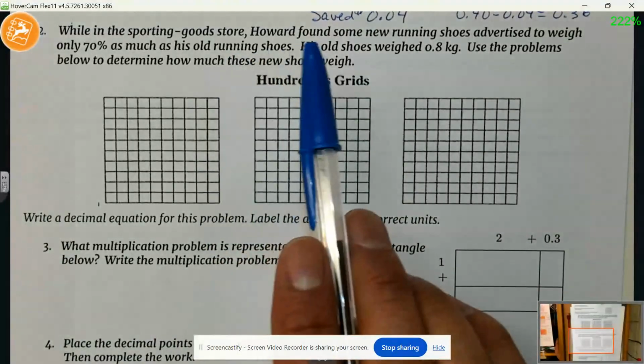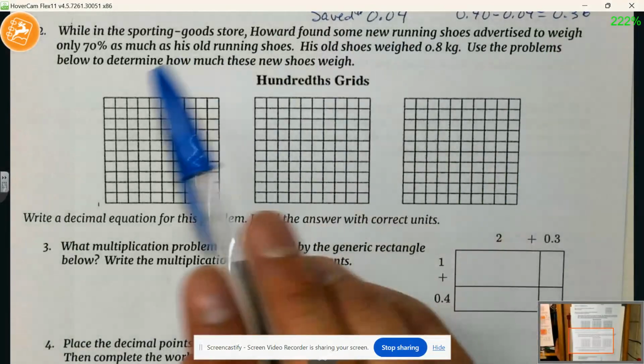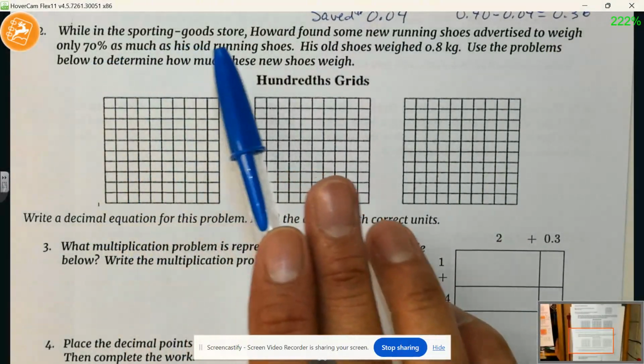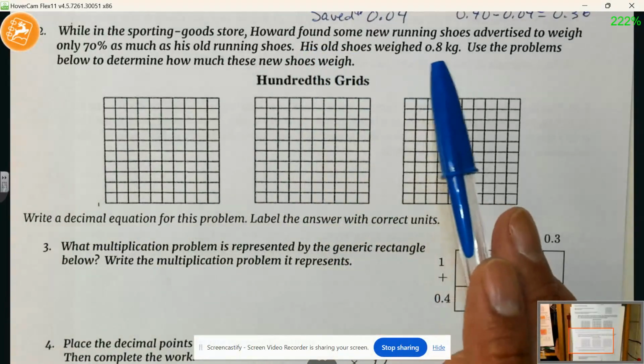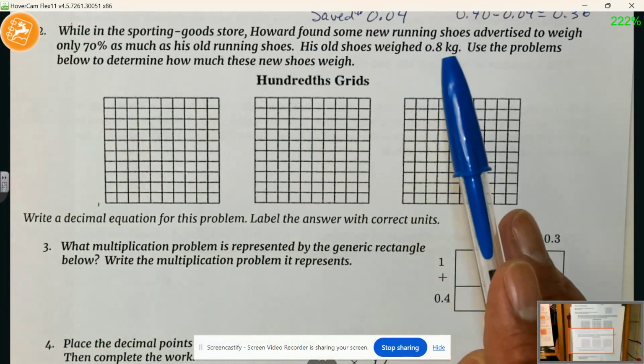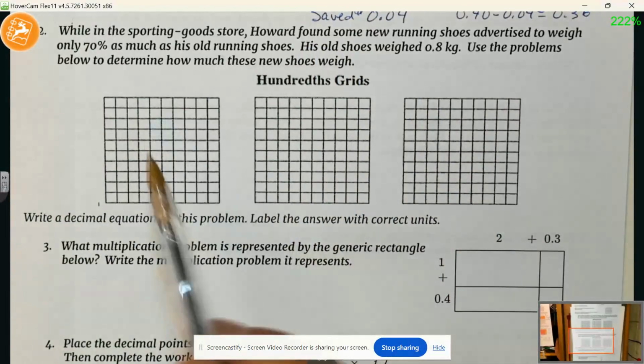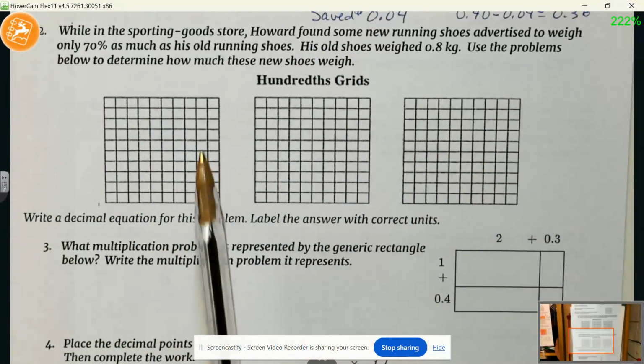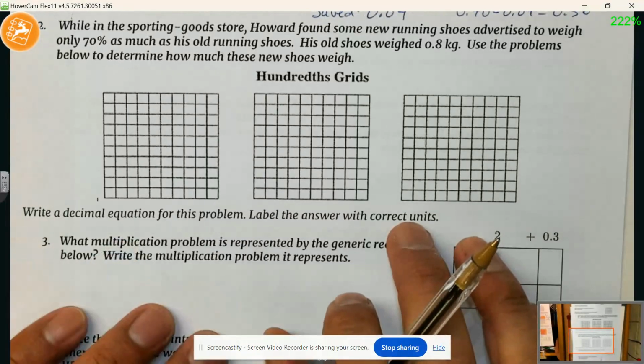While in the sporting goods store, Howard found some new running shoes advertised to weigh only 70% as much as his old running shoes, and his old shoes weighed 0.8 of a kilogram. So use these hundredths grids to find how much his new shoes weigh. All right, so we're going to start first.